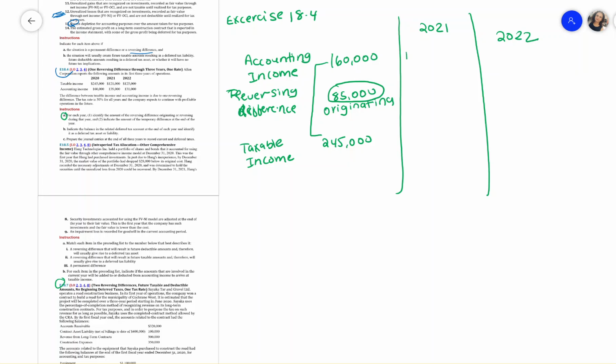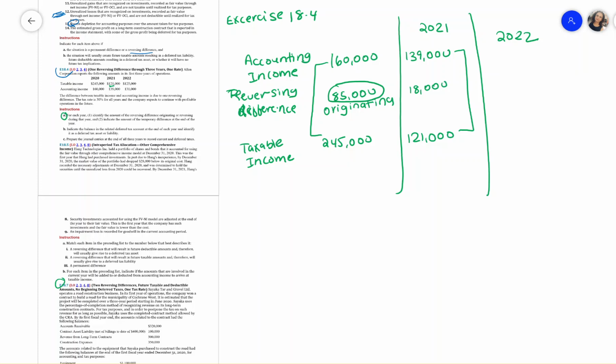What happens in year 2021? We have an accounting income of 139,000, and then from there we needed to know the taxable income. They told us in the question the taxable income is 121. In this case there is a difference. You take the difference between the 139 and 121, and the difference is 18,000.